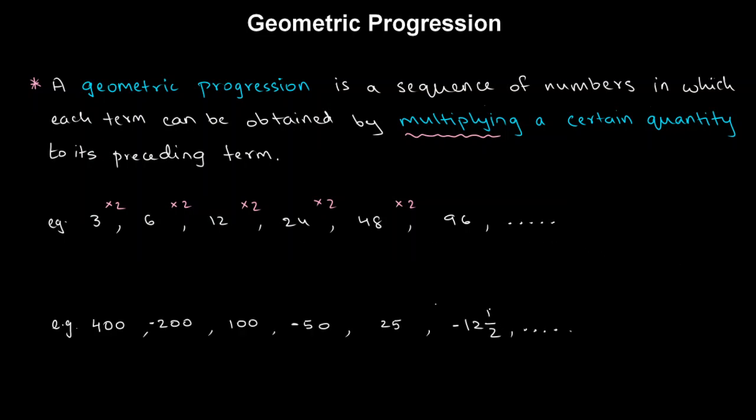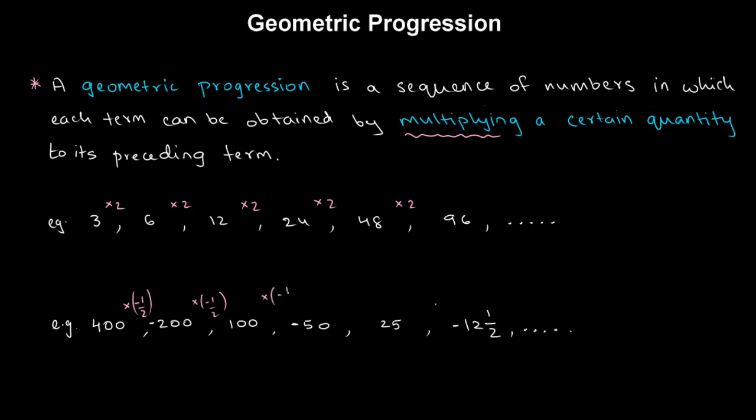Let's look at another example here. 400, minus 200, 100, minus 50, 25, minus 12 1 by 2, right? So again, if you notice here, 400 into negative half will give me minus 200. That into negative half again will give me 100.